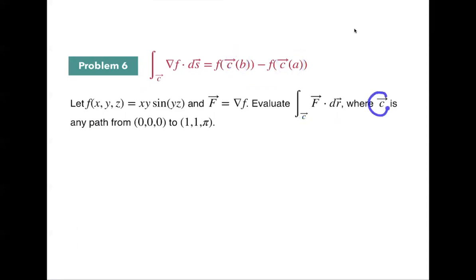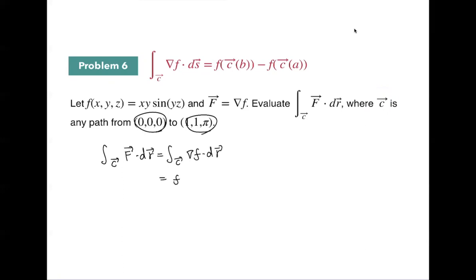So if we think about this one, actually we do not need to find the parameterization of C, okay? Because we know that the start point is this one and the end point is this one. So all we need to do is, the integral over C of F dot dr is the same as the integral over C of gradient f dr.